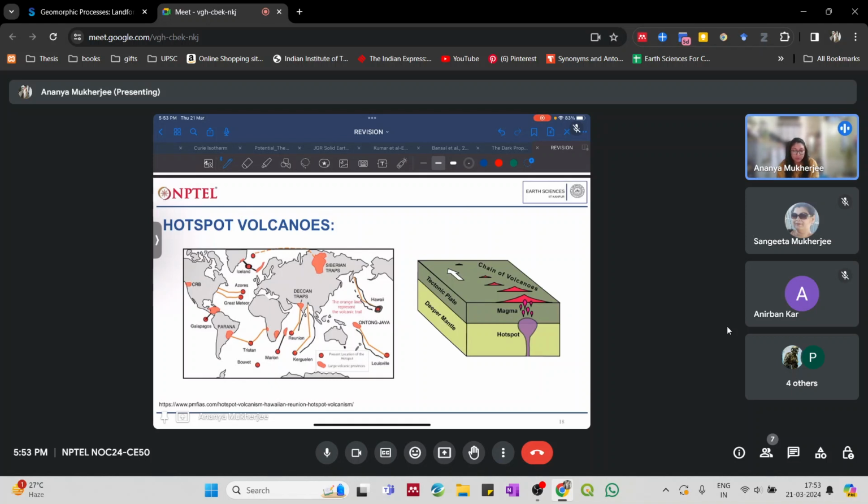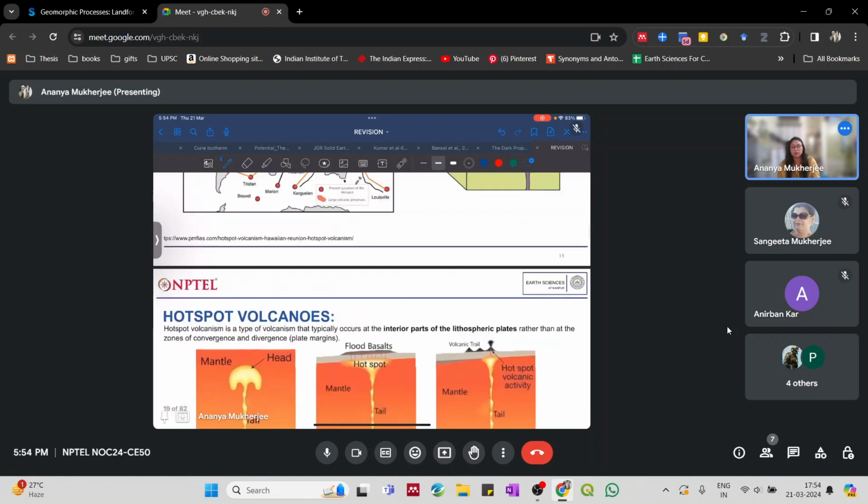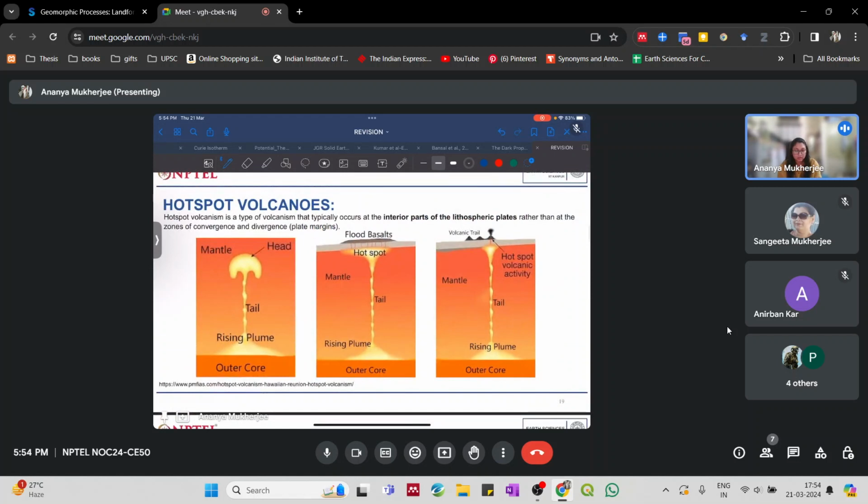The Reunion hotspot plume is related to the Deccan Traps volcanic activity that had taken place. You can see how the path has changed. That means India moved over the Reunion spot towards the north. So this is the trajectory that India has followed, and the evidence can be seen in different volcanic islands. This is the understanding of how hotspot volcanoes are formed.